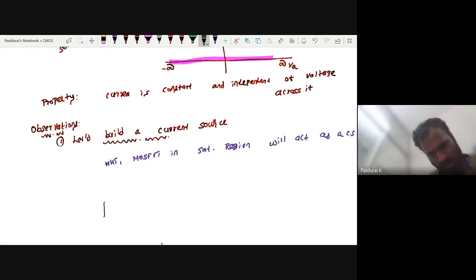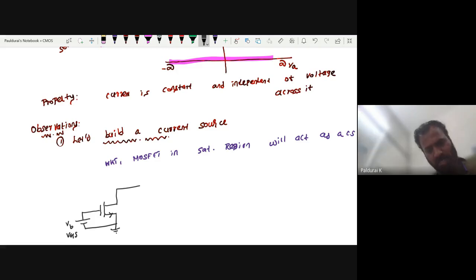This is my take on NMOS. You take this two terminal device, and here it should be connected to ground, and here you want to give this VGS biasing voltage. Let me call this biasing voltage VB. Actually, this is VGS.